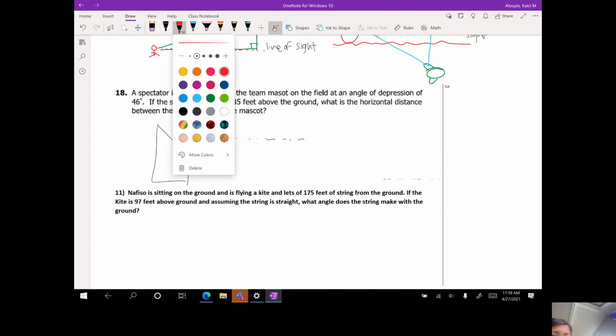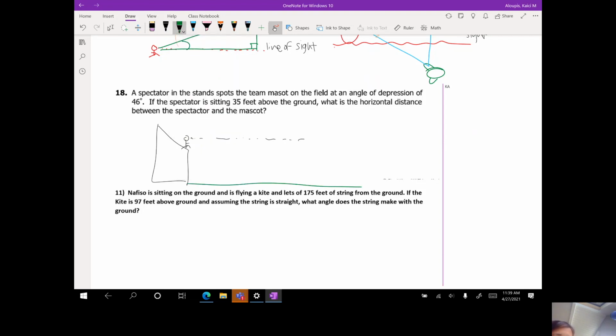And here's the ground, because we're probably at some kind of field. There's the ground. Here's the mascot.